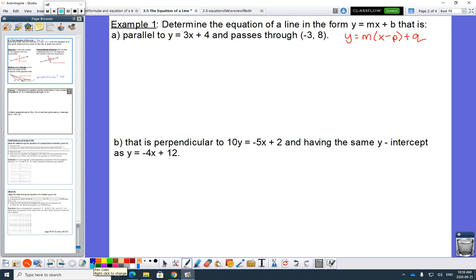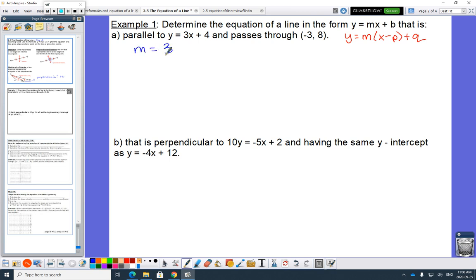So this time we're given what happens when you have a line that's parallel and what happens when you have a line that's perpendicular, which is a concept from grade 9, but we did review it as well. So if it's parallel, what's the slope going to be?